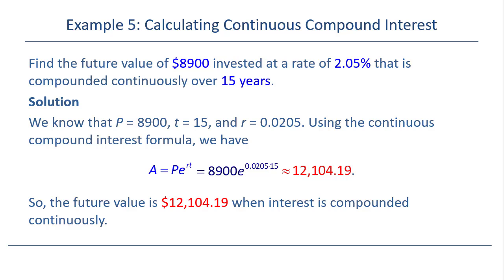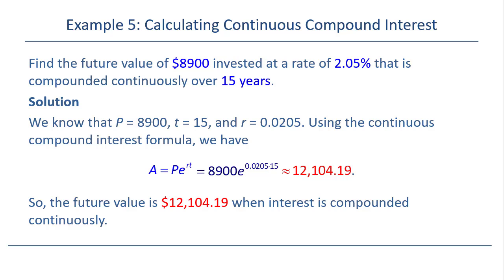So we can find the future value of $8,900 invested at a rate of 2.05%, compounded continuously over 15 years. So P is our principal, 8,900. T is our time of 15. R is our interest rate as a decimal. And then E is a special button on your calculator. It's the exponential button. It's an actual number. E is 2.7 something, something, something. It's like pi.